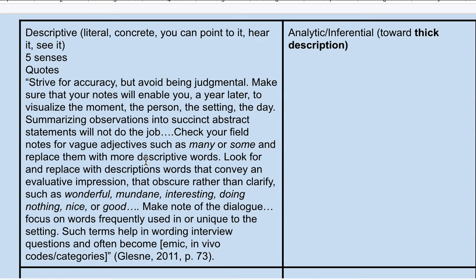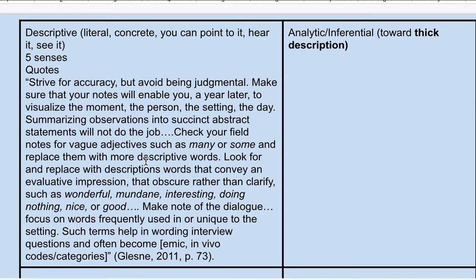Those words obscure rather than clarify. So if you find yourself writing, oh, she's a wonderful teacher, this is so mundane or boring or interesting, or this kid is doing nothing, or that student is nice or good, replace that with what you actually can see and smell and hear and so on.